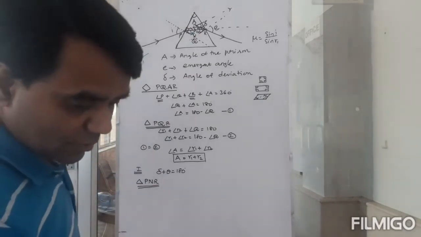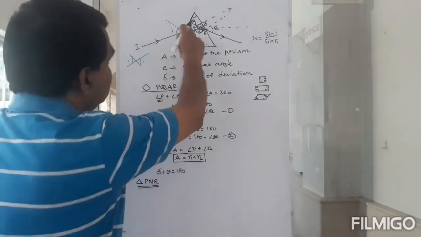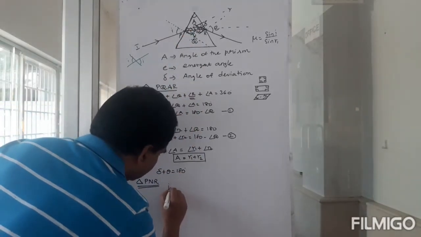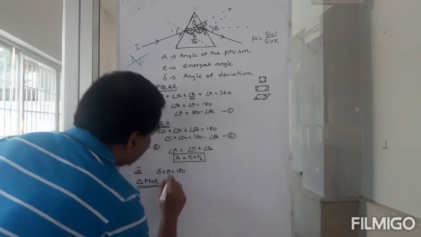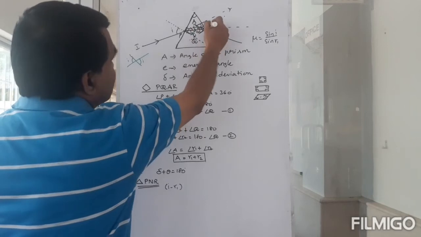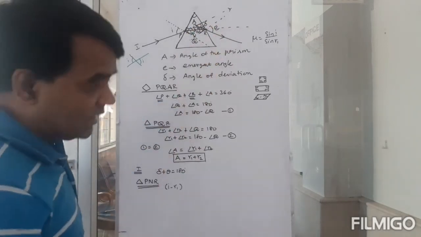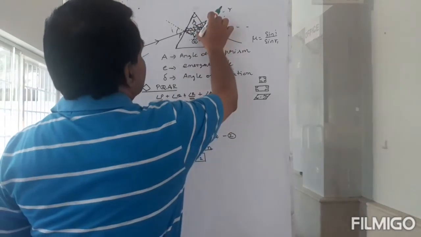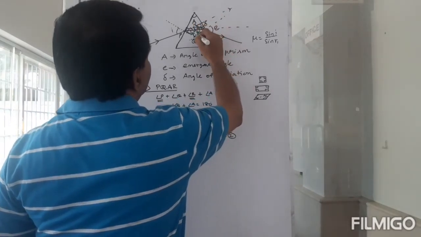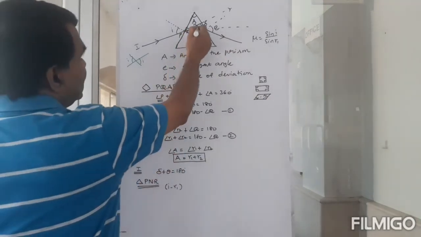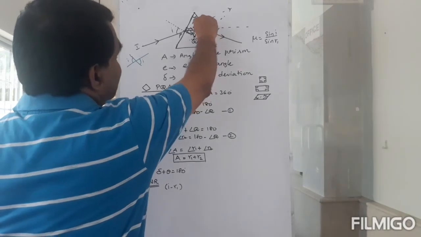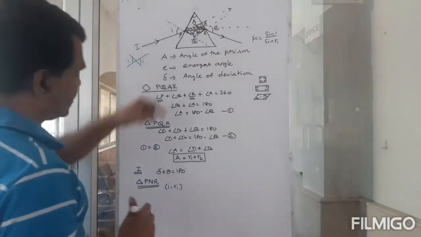So that is going to be I minus R1, this angle, plus this angle. If this is E, then this must also be E. This is I and this is E. So I want this red angle, that would be E minus R2.